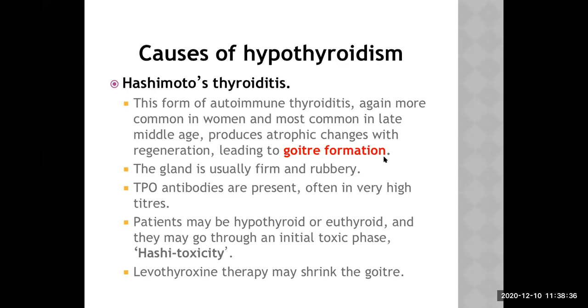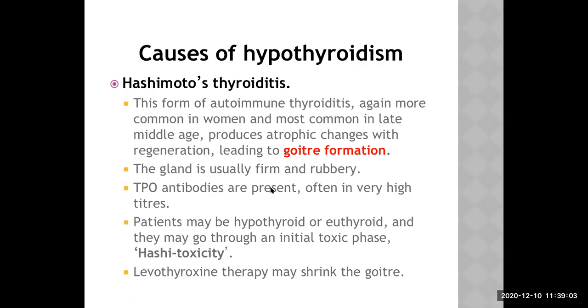Both are very common in females, and both are associated with thyroid autoantibody. During palpation, the gland is usually firm and rubbery. TPO antibodies are present. This is a very important feature of Hashimoto's thyroiditis. They are often present in very high titer, so they help us regarding the diagnosis. So what have you learned here?